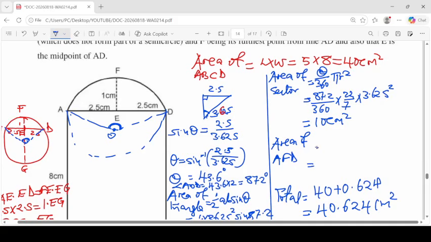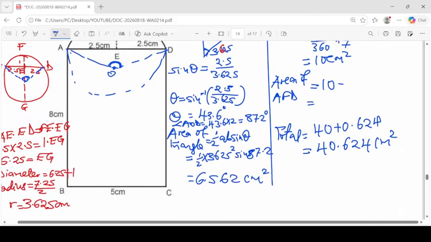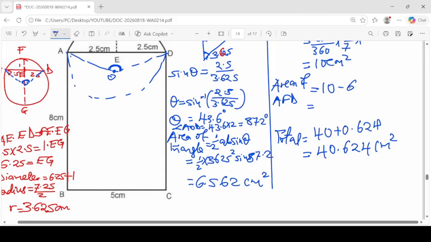The area of my sector here is 10 minus the area of the triangle, which is 6.562. When you take 10 minus 6.562, this is 3.435 square centimeters.